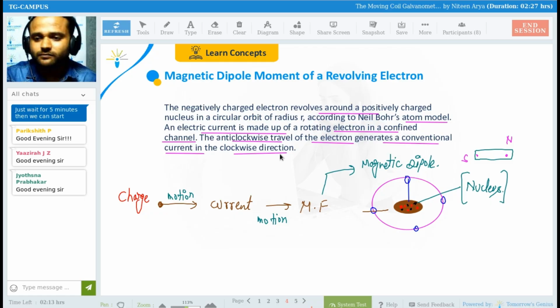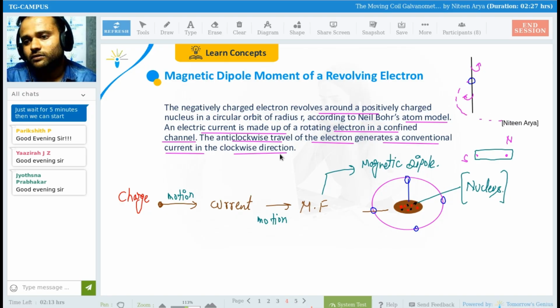In the same sense, this particular electron is doing a motion on its axis, like the earth, this spin, and it is also going to rotate in this way.